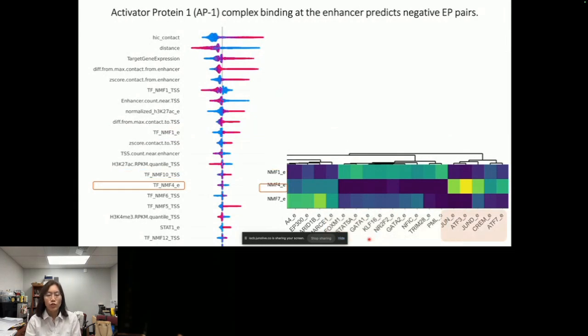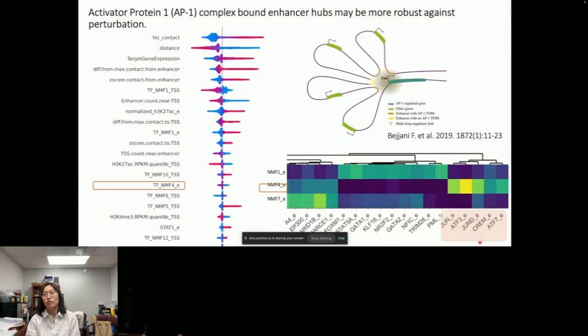And then there was a feature that predicted negative EP pairs on the enhancer side. There were a couple of transcription factors that, when present on the enhancer, made it likely to be negative. But if you look at the actual proteins, these are all well-known members of the activator protein 1, AP1, complex. And the AP1 complex is enriched in enhancer hubs and is a well-known activator protein.